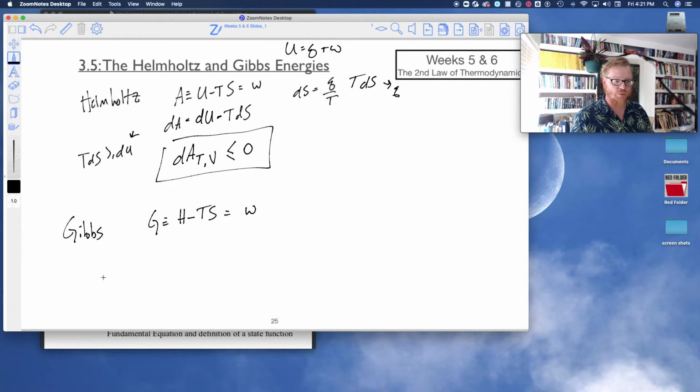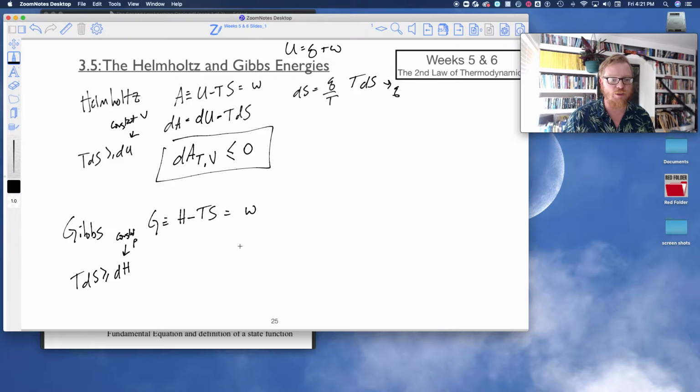So that comes from now TdS greater than or equal to dH. And because now we're talking about dH, constant P, and dU is constant V. Okay?